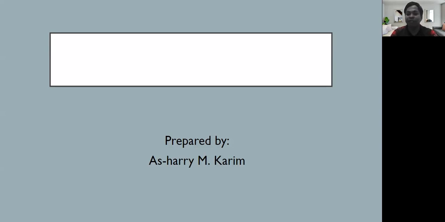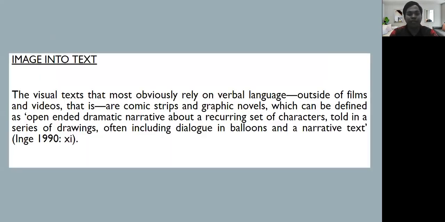So before anything else, I would like to ask if there's anyone who knows what is comics, graphic text, and the like. Image into text.